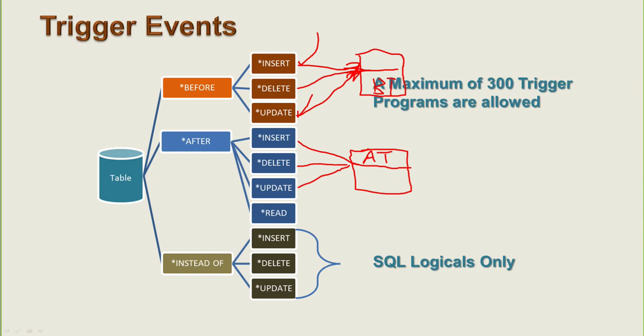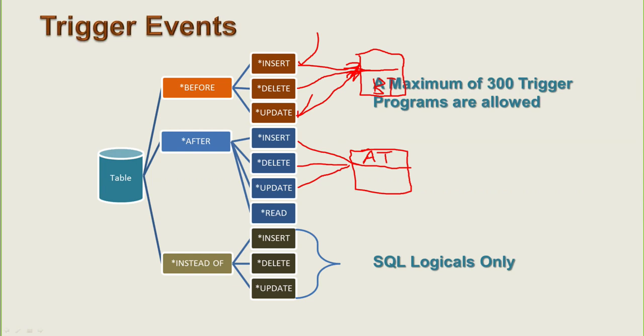Read is very rare. It's used on a very, very specific occasion when you want to suppress a user's ability to read certain records out of a file. So the after event will essentially call an after trigger.